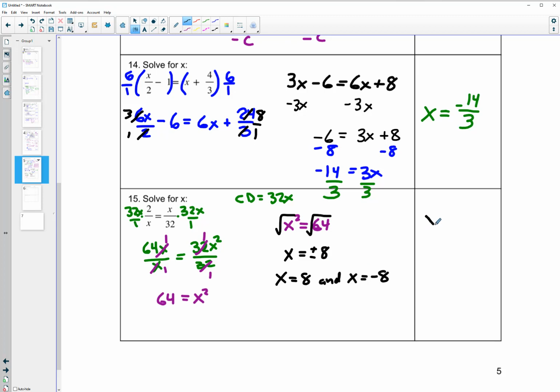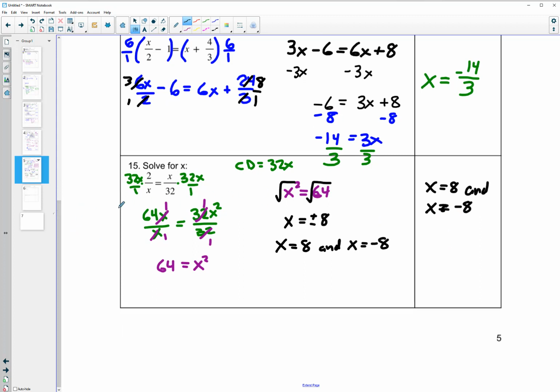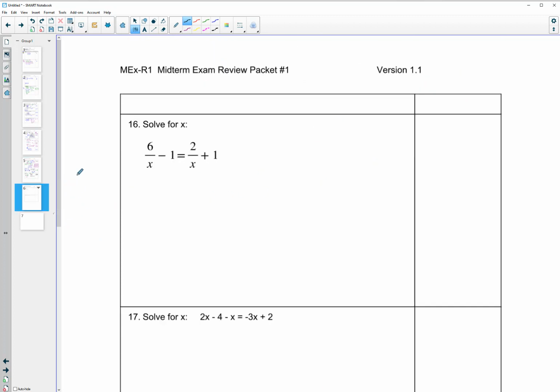So there's actually two answers to this. Probably in the midterm we won't be giving you that. And you can write plus or minus like that, or you can just write "and." It's up to you. But technically those are the two answers. I would have been thrilled if you had an 8 there, because that means you did all the other work properly. Okay, 16.